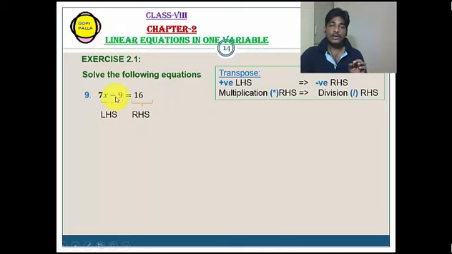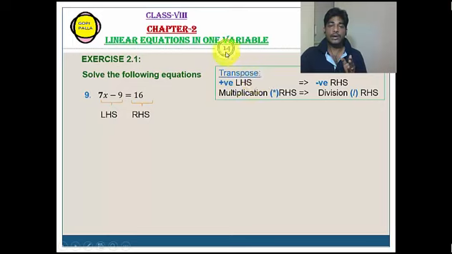Here, instead of adding an opposite sign number on both the sides, if you add the opposite sign number on the other side of the equation, that is called transpose. Here in 7x minus 9, the 9 has to be eliminated first. If you want to move this minus 9 from the left hand side to the right hand side, that is called transpose. So the values will get changed.